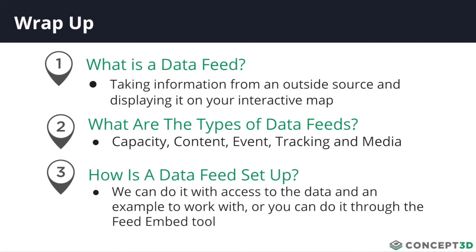We have event feeds. Again, unfortunately, we don't have an example right now, but go look at Miami University in Ohio once the world opens back up, for a great example there. We have tracking feeds, like we saw for Boston University with their transit system. And we have media feeds with the live cameras from Michigan Tech.